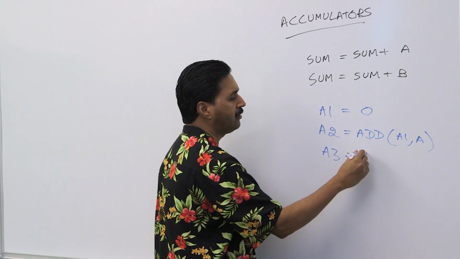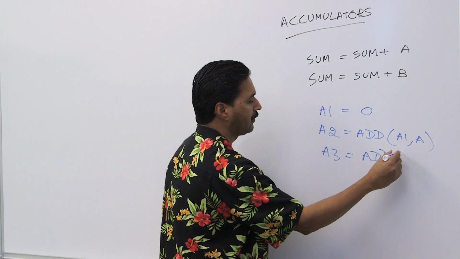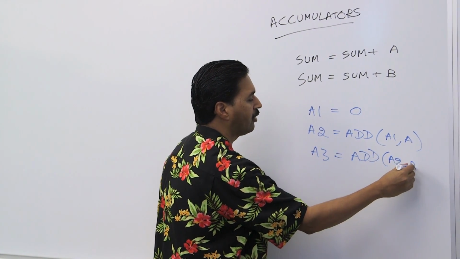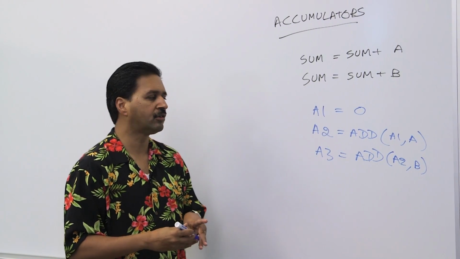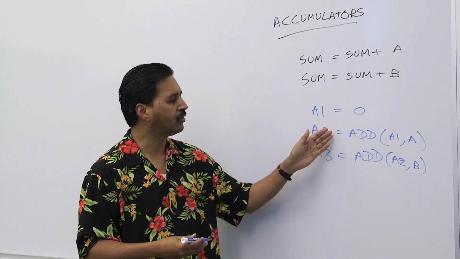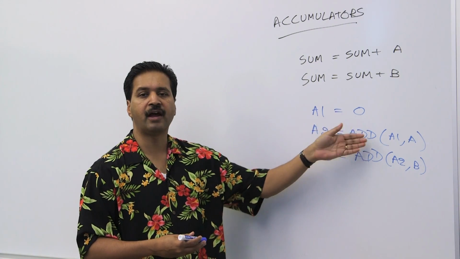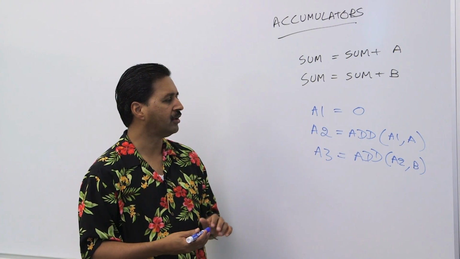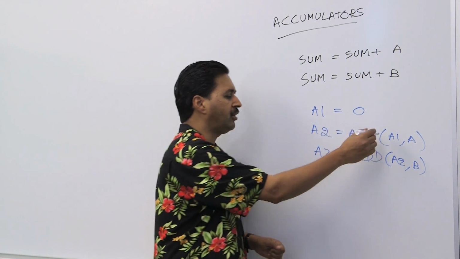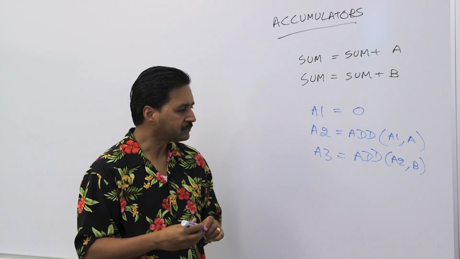A3 will add B to A2, and so on. So now you have different variables and you have new accumulators so that the value of each accumulator is immutable, whether it's A1, A2, or A3.